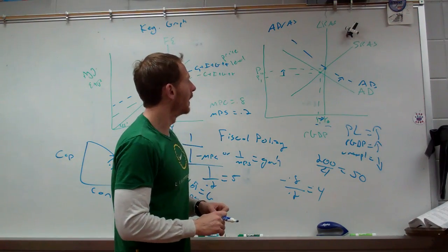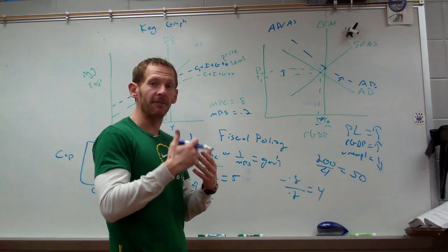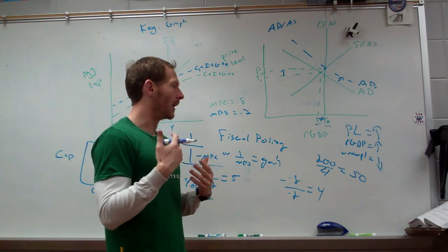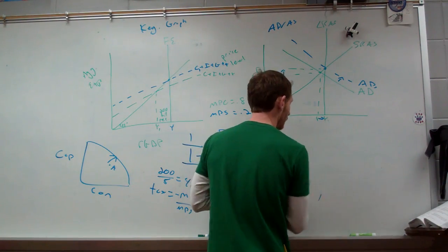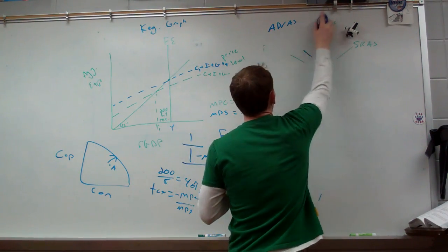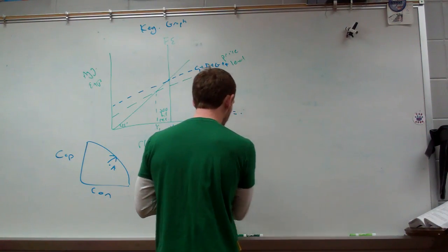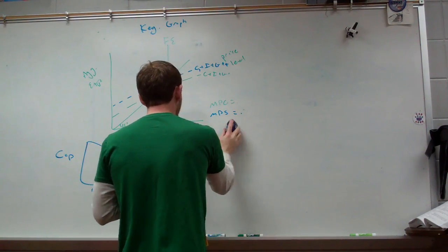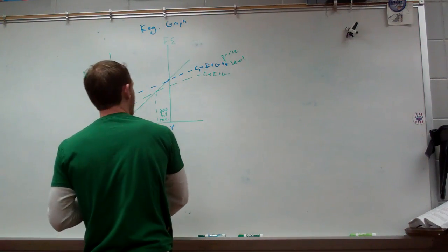Okay? Could we do the same thing if we were in an inflationary state? Well, we could. So in an inflationary state, the ADAS graph would show that we are consuming and producing beyond capacity, right?